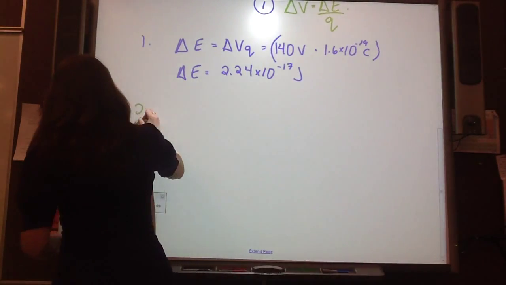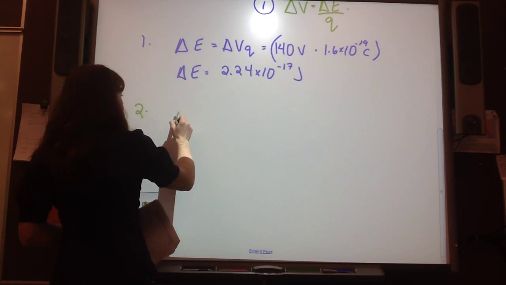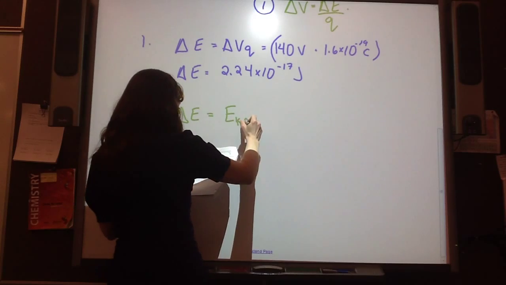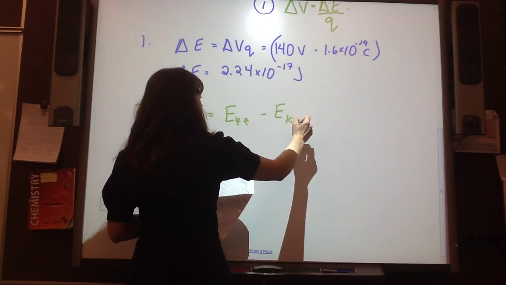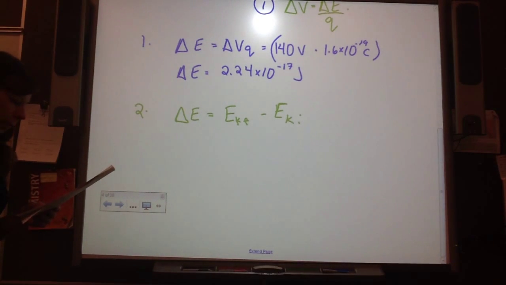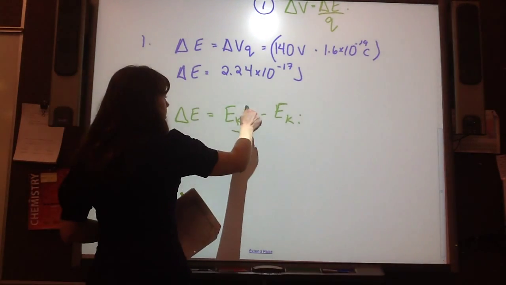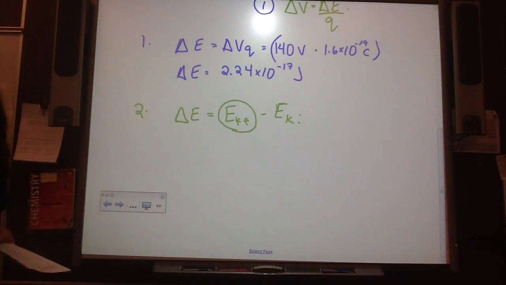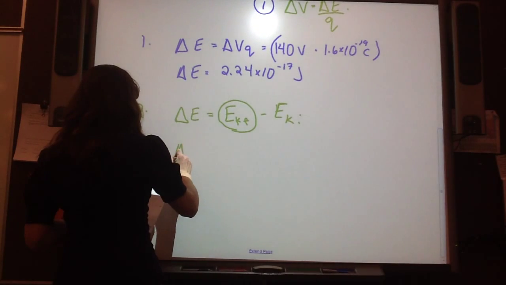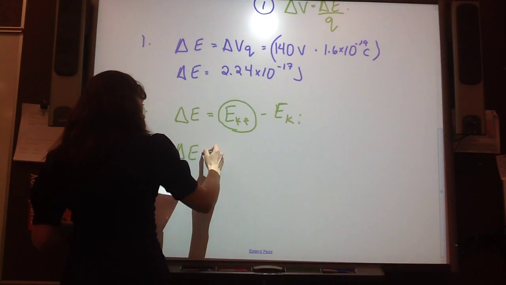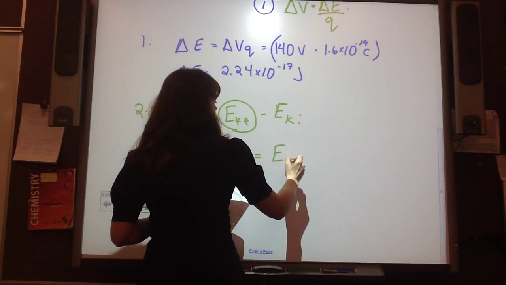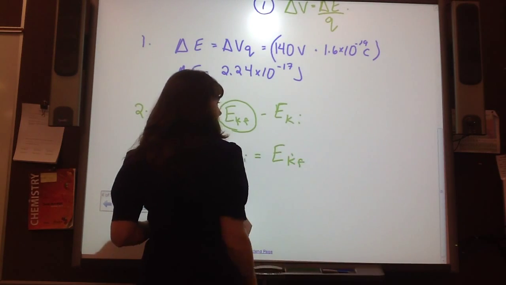So now step 2. I'm going to use delta E equals EK final minus EK initial. I want to solve for EKF, so let's rearrange: delta E plus EK initial is equal to EK final.